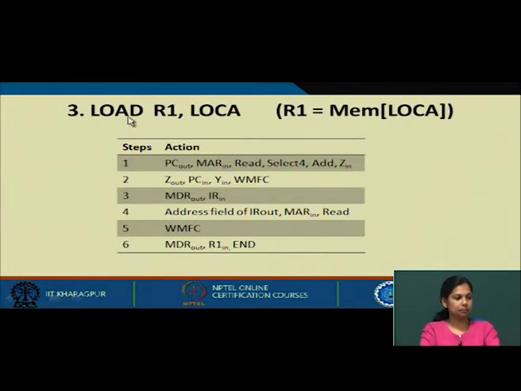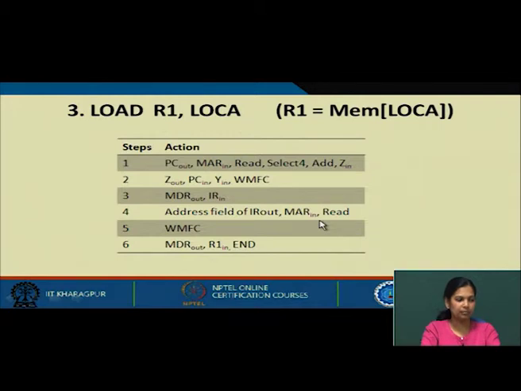Next, let us see the instruction to load the value from a memory location. We already did it in the previous instruction, but just for loading, let us see what to do. In the same case, the first 3 steps will be the same, and from the 4th step, the address field of IR out is put in MAR.